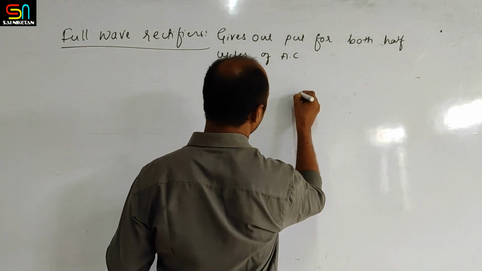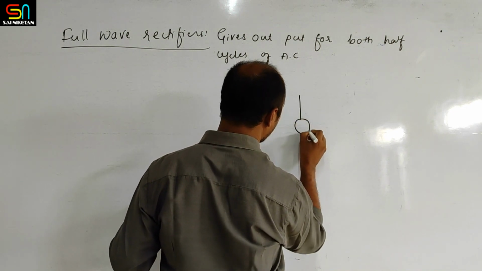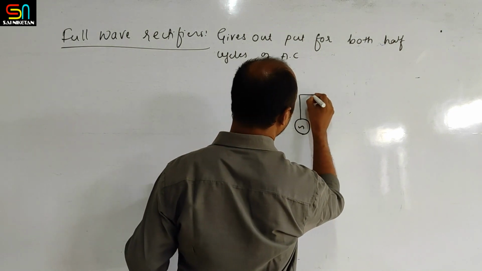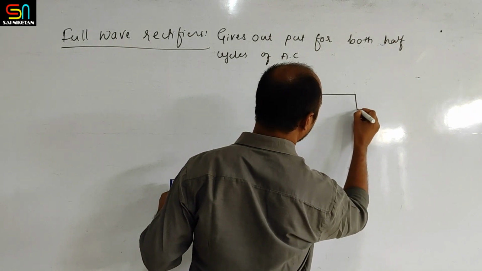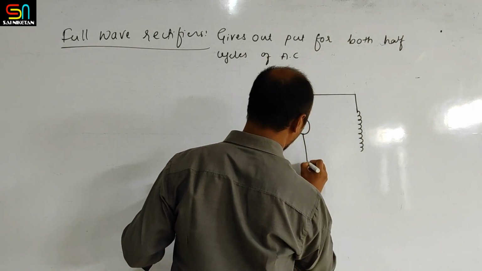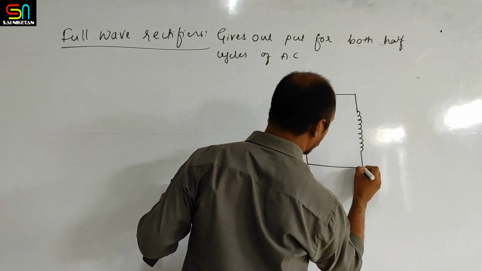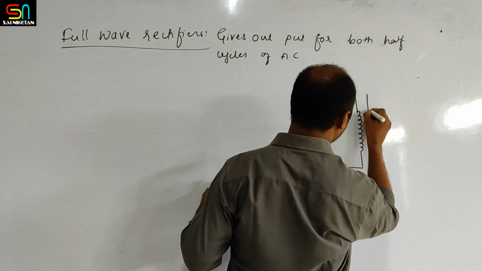It consists of an AC source, which is connected to the primary coil of the transformer, and the secondary coil of the transformer.